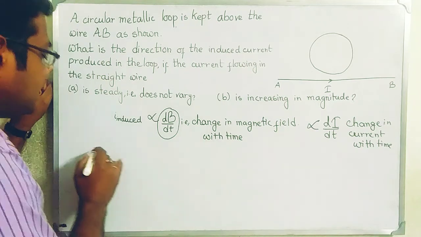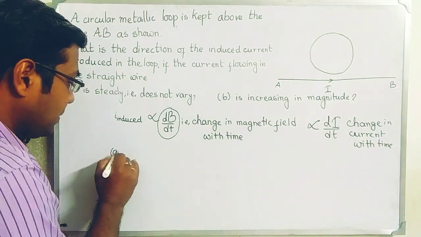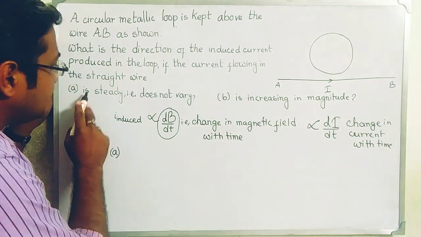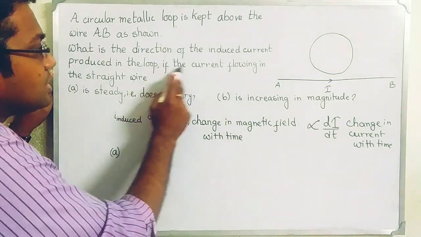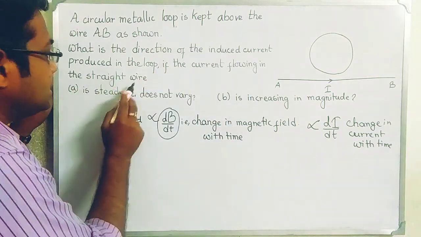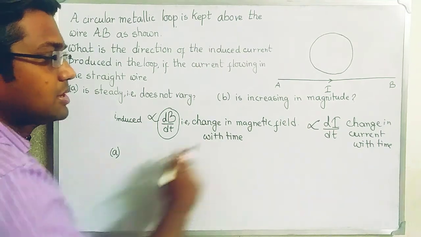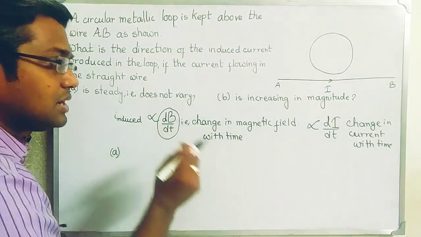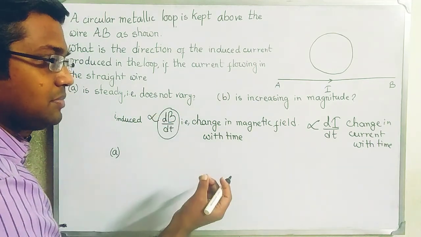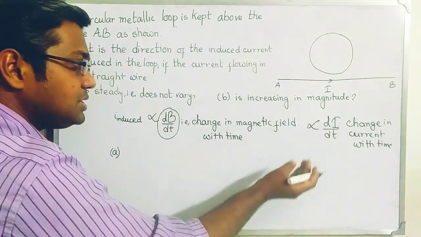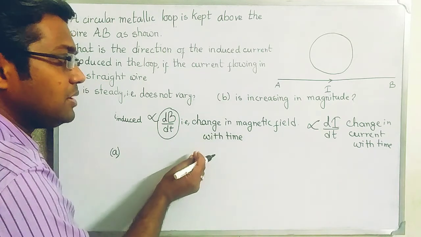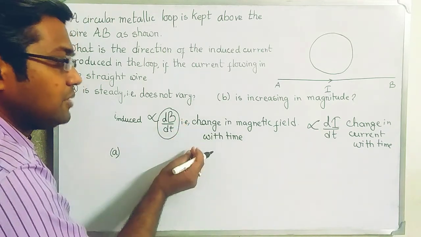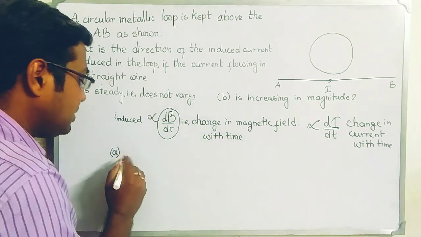Now in the case of A, it is said that the current flowing through the straight wire is steady. That means the current flow is not changing with time. If the current flow is not changing with time, then the magnetic field will not change. If the magnetic field does not change, no current will be induced.